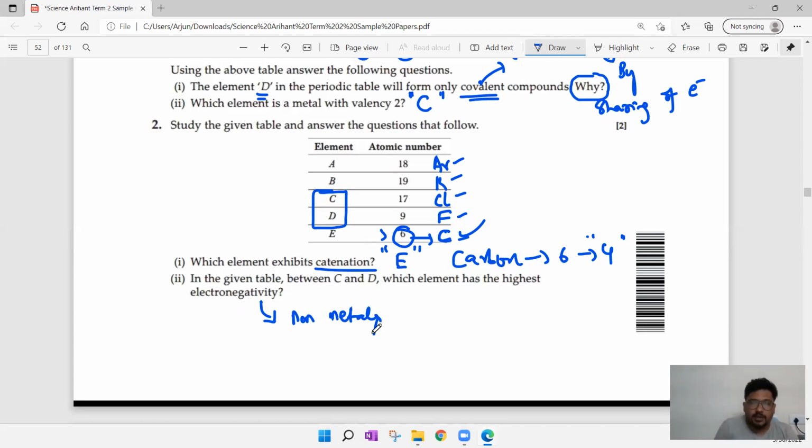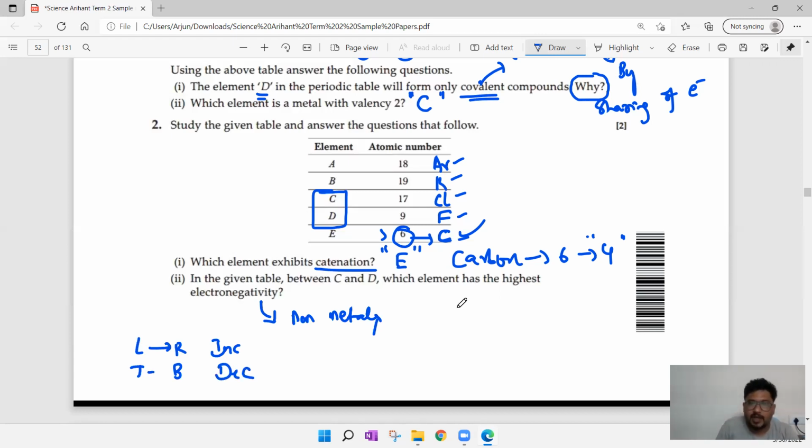In the periodic classification of elements chapter, we have discussed trends in the periodic table. Non-metallic character, or simply to say electronegativity: from left to right, non-metallic character will increase, and from top to bottom, non-metallic character will decrease.